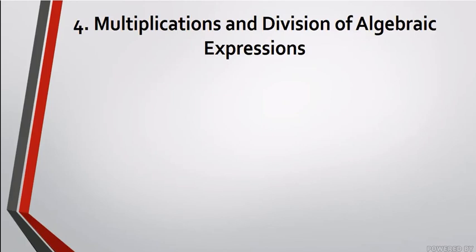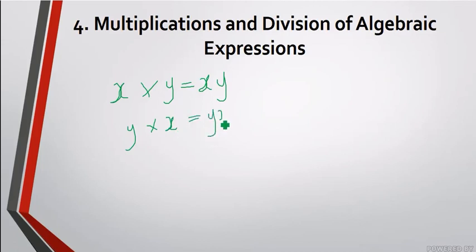And that is, there is no particular order in which we can multiply real numbers and algebraic terms. Let me demonstrate what I mean. If I have x multiplied by y, the total value of this is xy. If I have y multiplied by x, it's going to give me yx. It's the same thing.